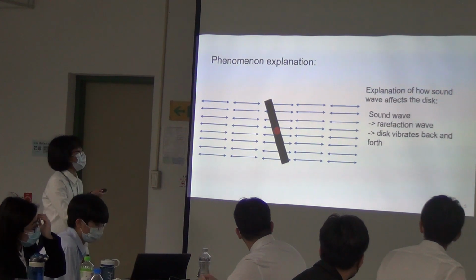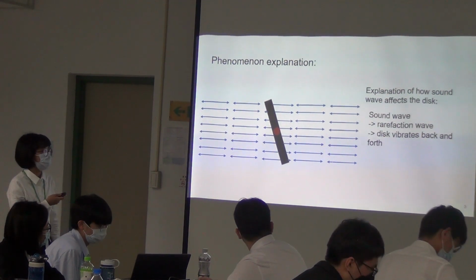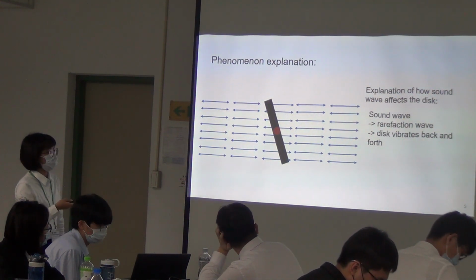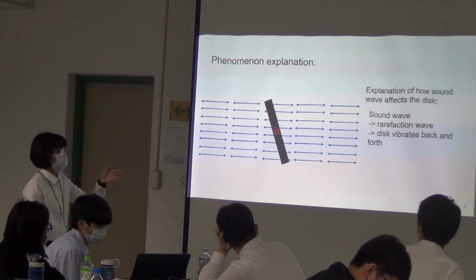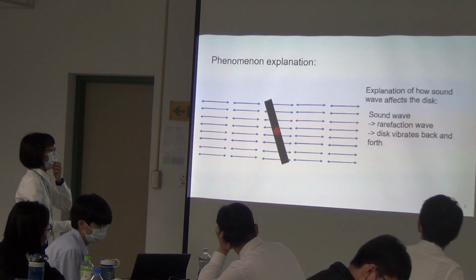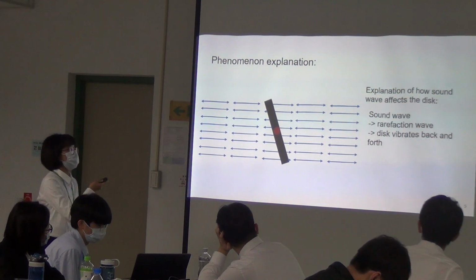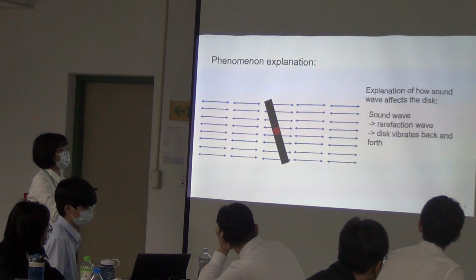The phenomenon explanation: our explanation of how the sound wave affects the disc. As you can see in the video, the disc vibrates back and forth. The reason for this is that a sound wave is a rarefaction wave, and this causes the disc to vibrate back and forth.